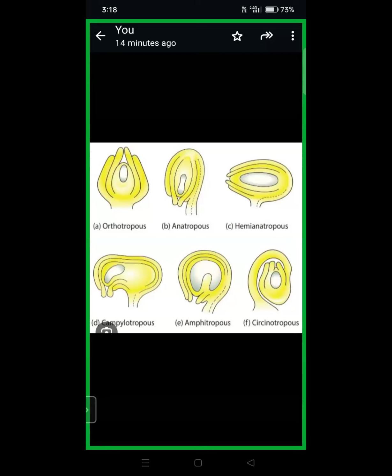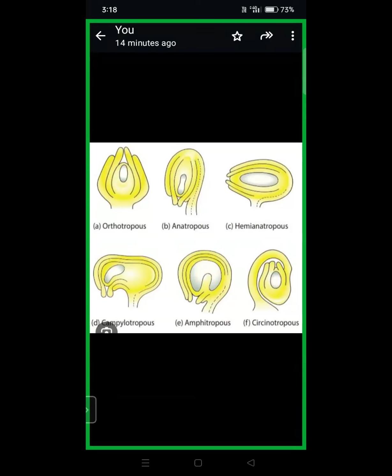That is the embryo sac structure. In the embryo sac, the egg apparatus has one egg cell and two synergids. Antipodal cells are present at the other end. The egg cell represents the female gamete.